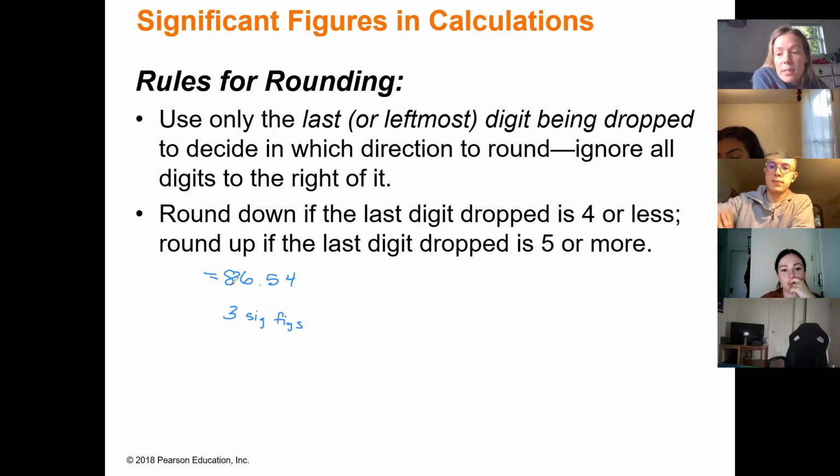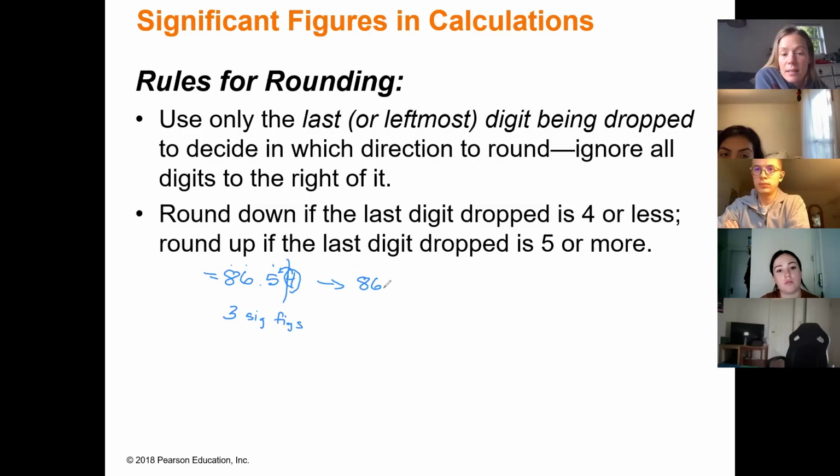So when rounding to 3 sig figs, I'm going to keep the 8, the 6, and the 5. Everything else is going to get cut off. The 4 tells the 5 to do what? Stay. So this would round to 86.5.